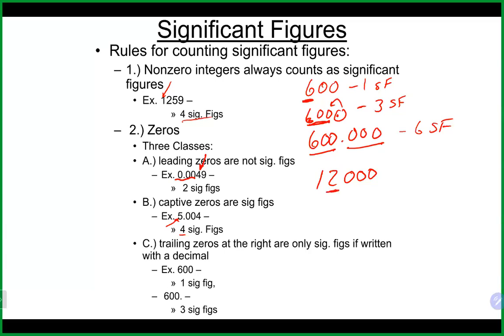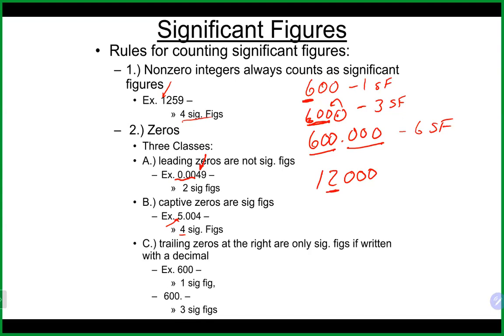Those zeros are there to keep the value what it should be, 12,000, but they're not significant. So in this case, the uncertain or estimated digit is not the last one written, but it will always be the last significant figure that is written. I will say 9 times out of 10, it probably is the last one written. But in the case that the last zeros are not significant, it may not be the last one that's written.